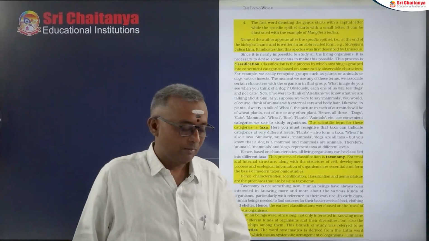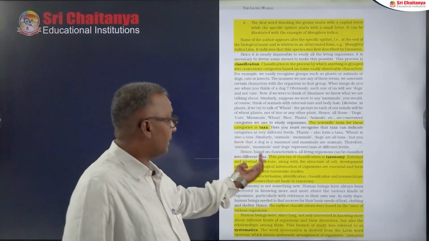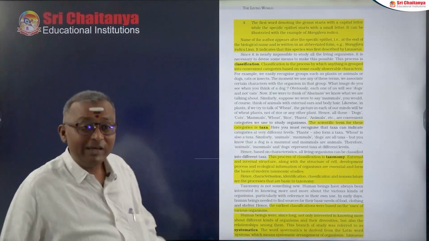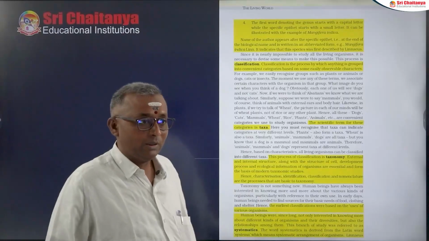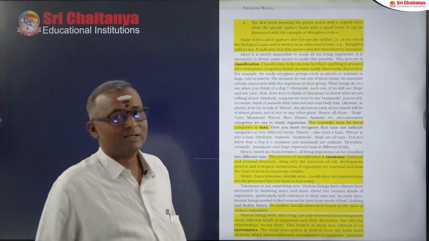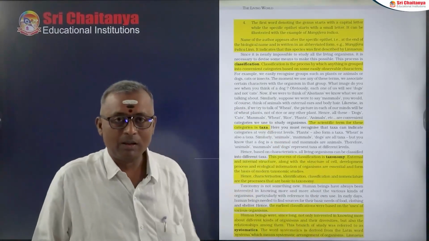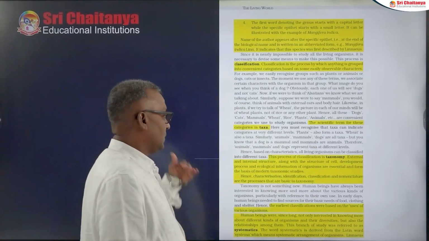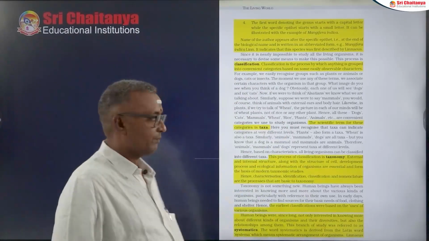That means plants can form a category, wheat can form a category, rice can also form a category, animals are a category, mammals are a category, and dog is a category. Animals like the dog are mammals. So this term category is used at different levels.